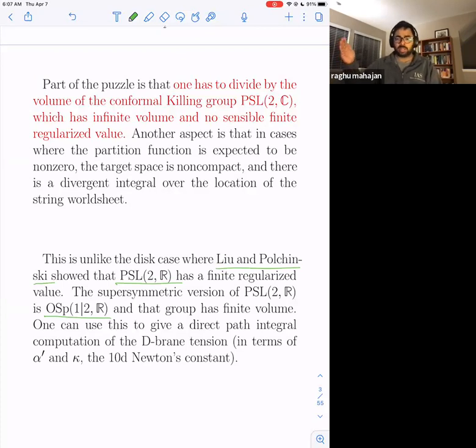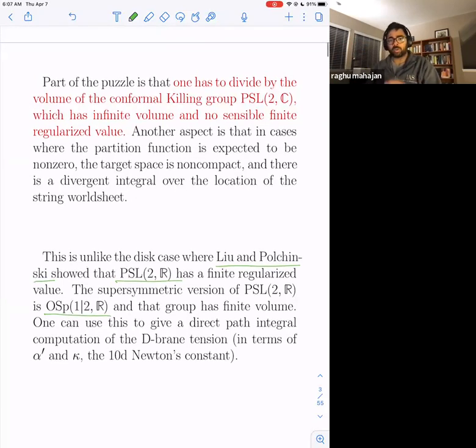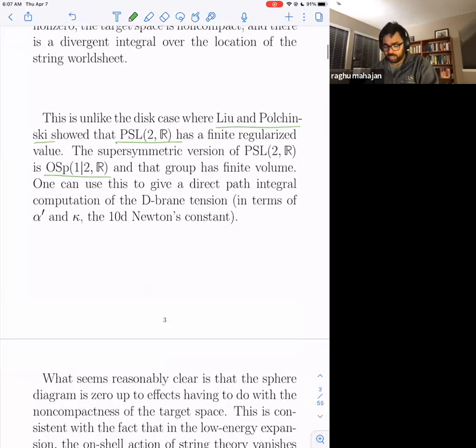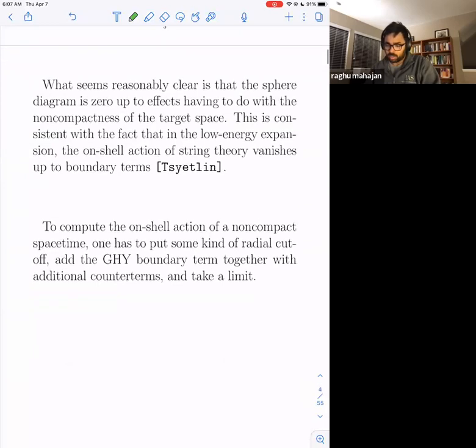The fermionic directions give a 0 and the bosonic directions give an infinity, and their product is well defined. One can use this, for example, to give a direct path integral derivation of the de Boer tension. I will mention this again in the end, but okay. So the problem in the sphere is to divide by this volume of PSL(2,C).